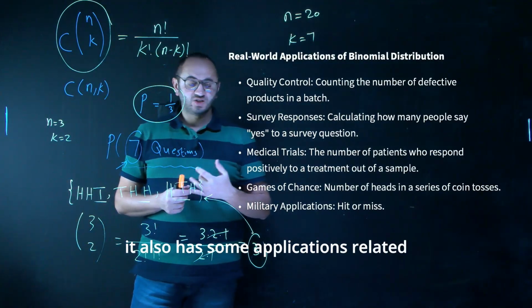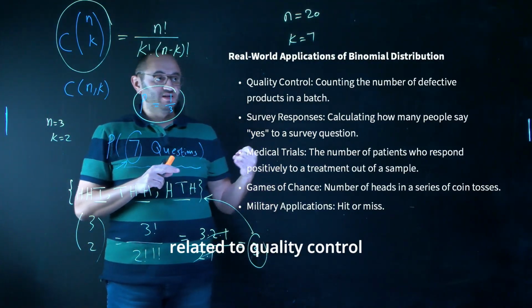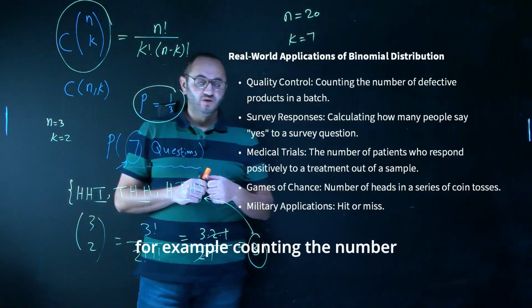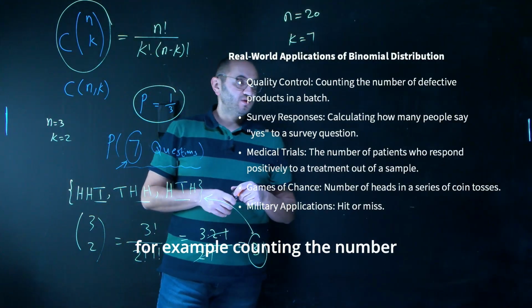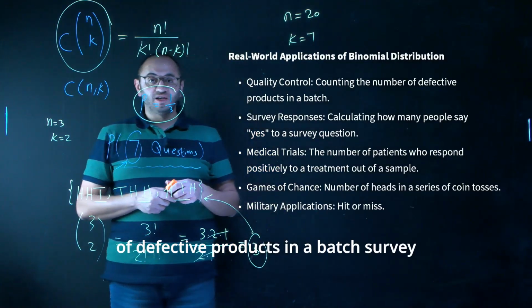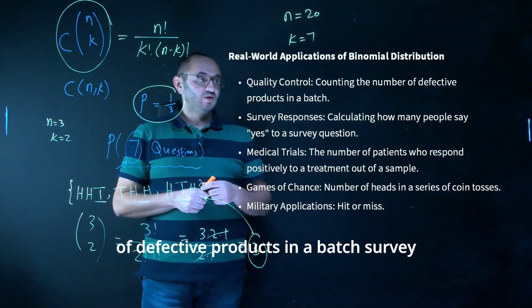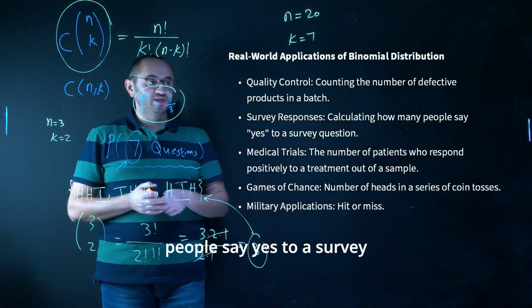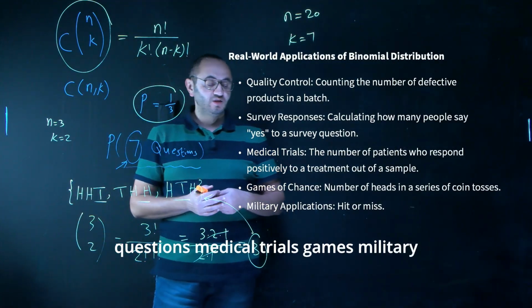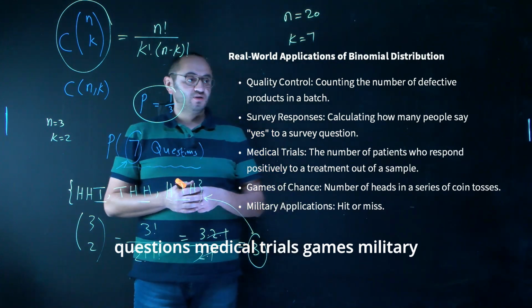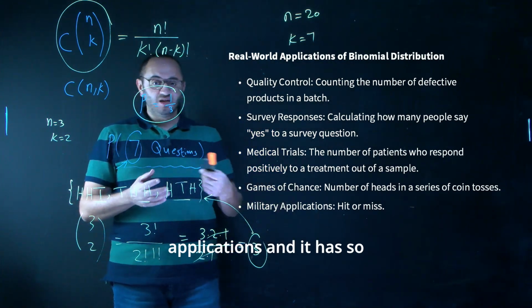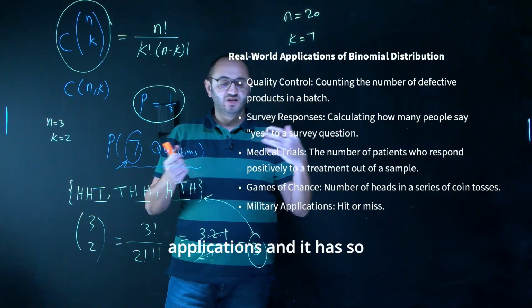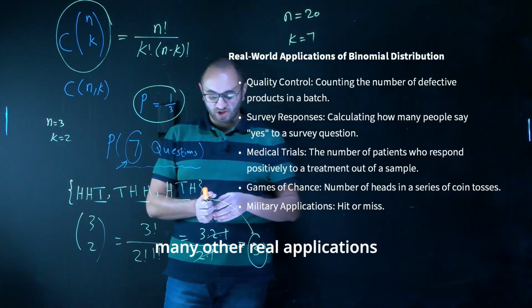It also has some applications related to quality control, for example, counting the number of defective products in a batch. Survey questions, like calculating how many people say yes to a survey question, medical trials, games, military applications, and it has so many other real applications.